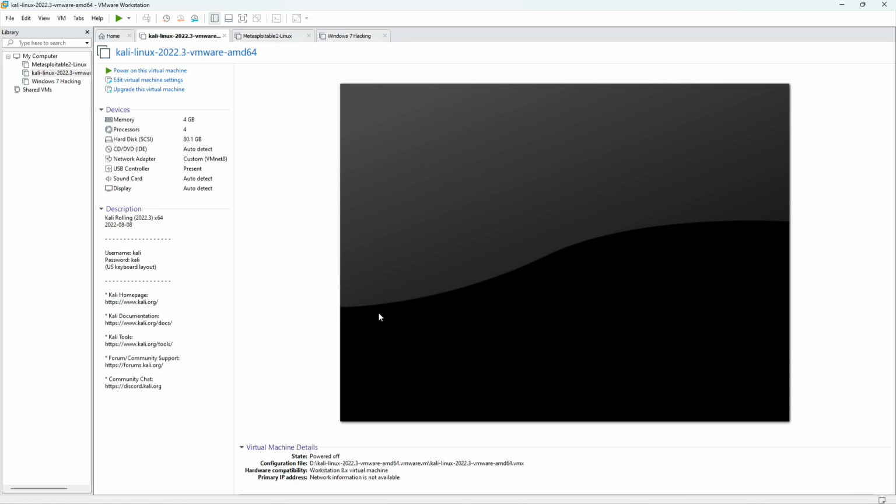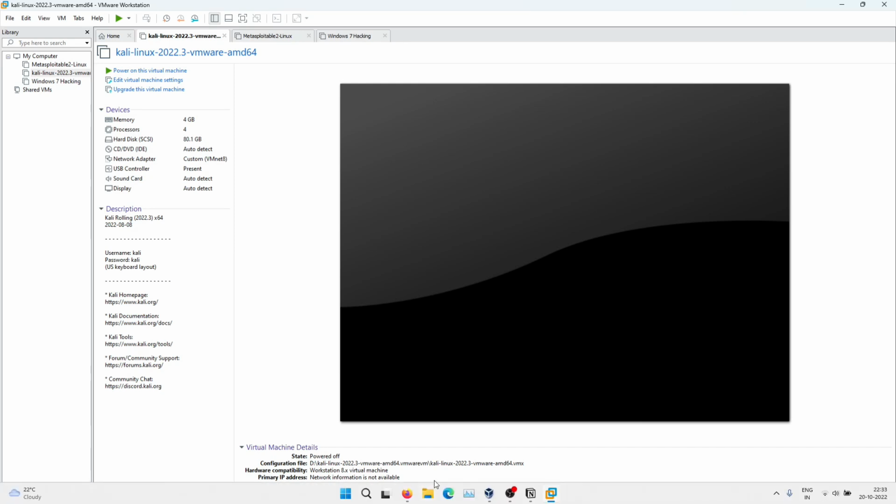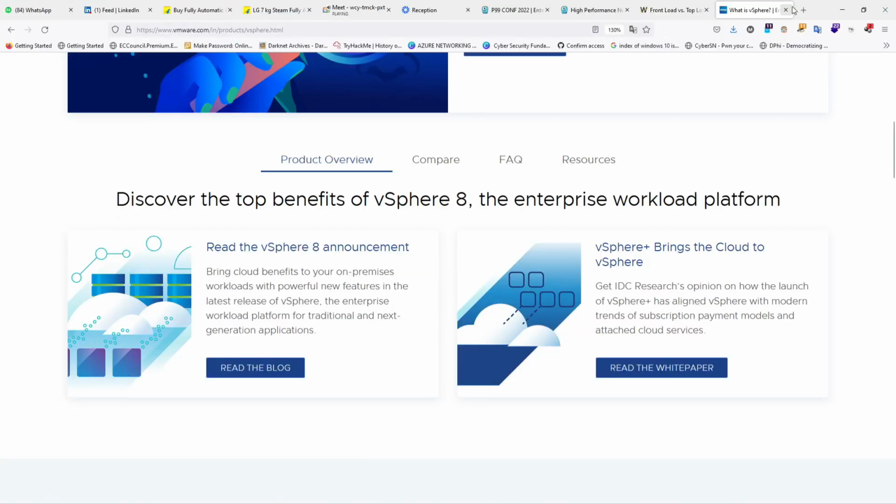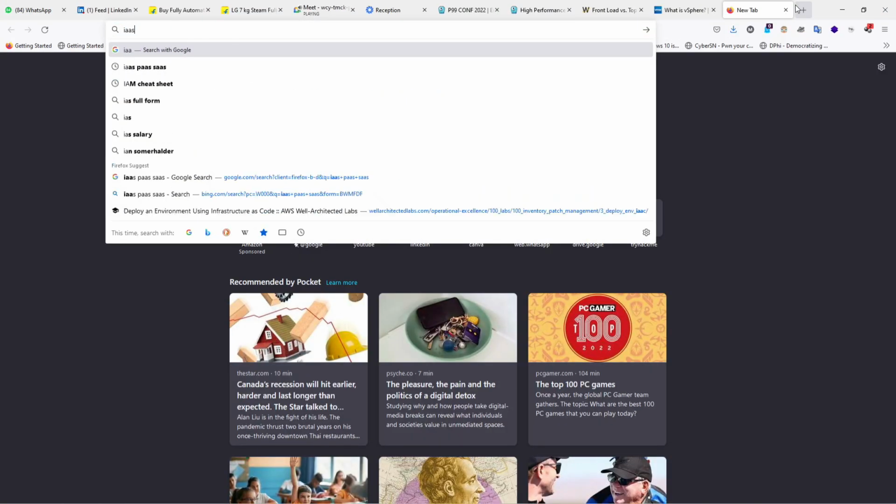EC2 is one service that we are using as a front user. And the backend management is done by VMware or an alternative software.